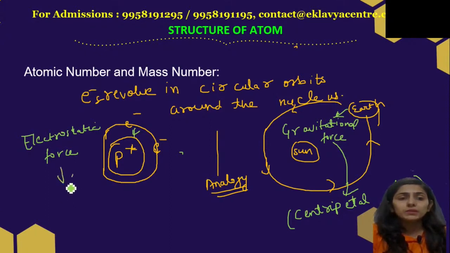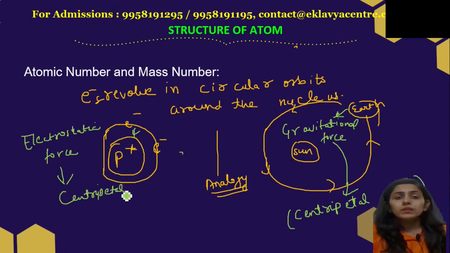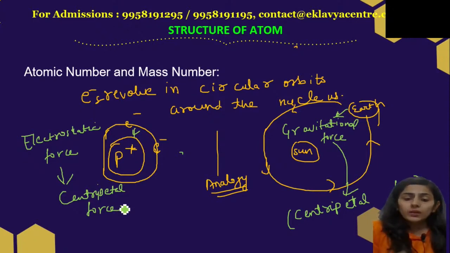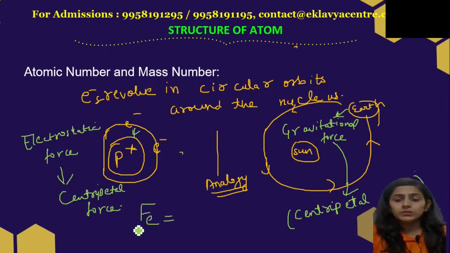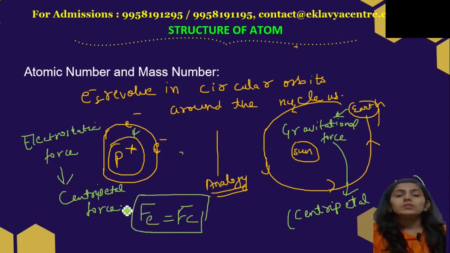This electrostatic force gets converted into centripetal force, due to which the electrons can revolve around the protons in circular motion. So he said that the electrostatic force Fe will be equal to the centripetal force. This is what Rutherford assumed.